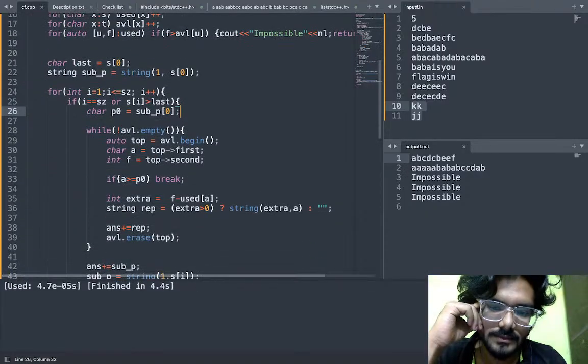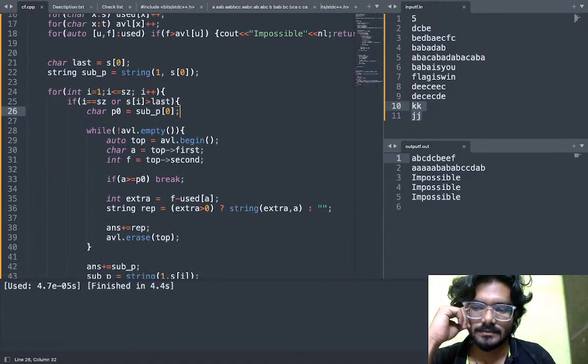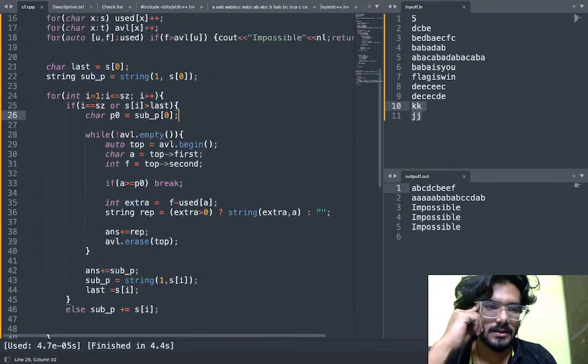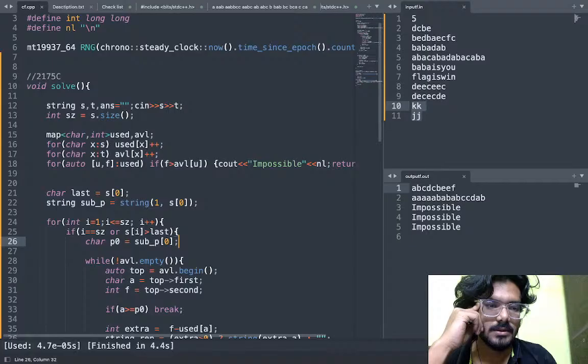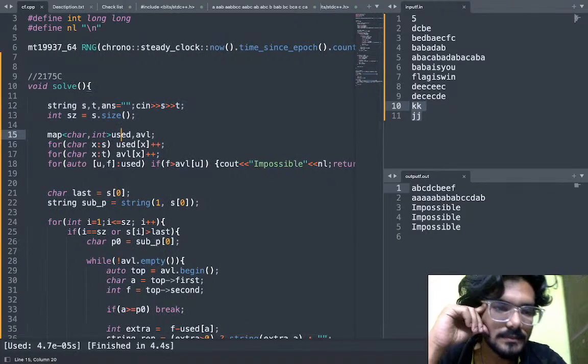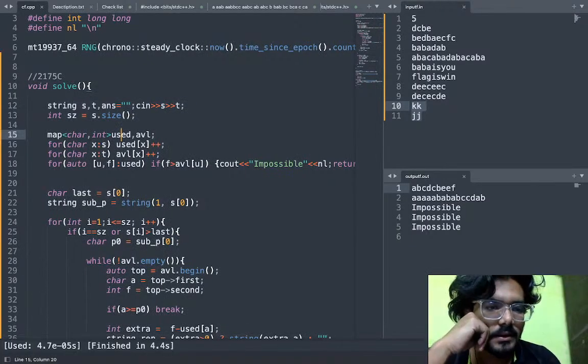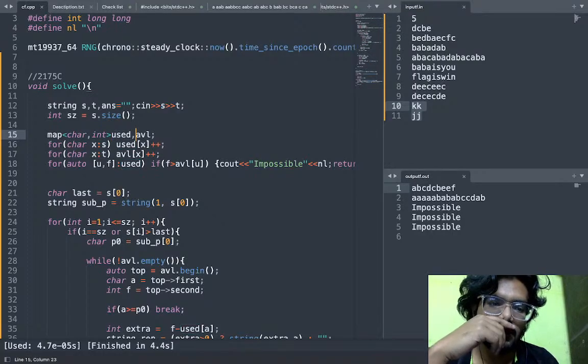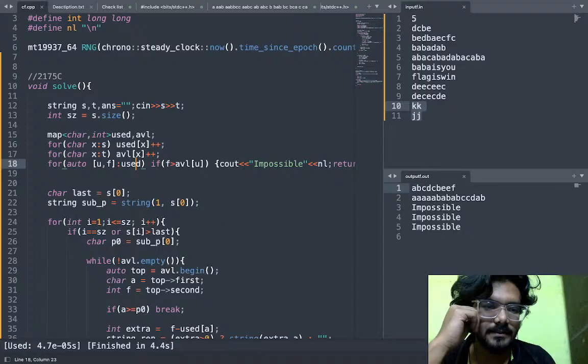So पहले तो, okay, सबसे पहले you must remember कि SOT लिया गया था. Okay, I used 2 maps, one to count the number of characters present in the original string and the number of characters present in the target string, which we need to rearrange to make it lexicographically smaller.